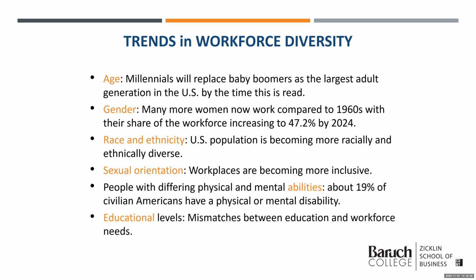There's an ever-increasing need for workers to have a STEM background, right? The workplace is becoming increasingly technological, and so all of these scientific and technological skills are of increasing importance.